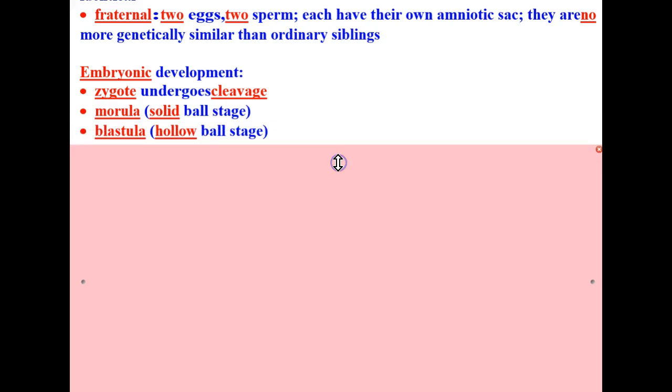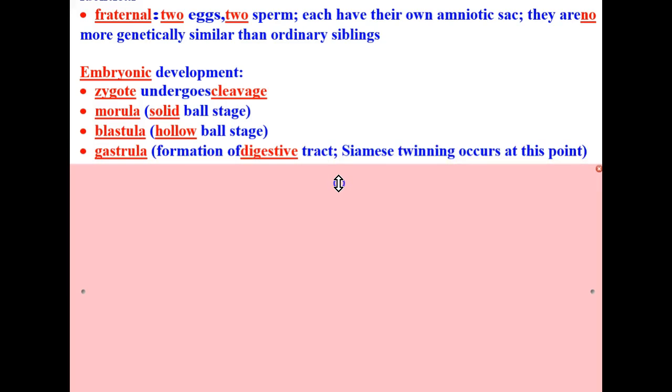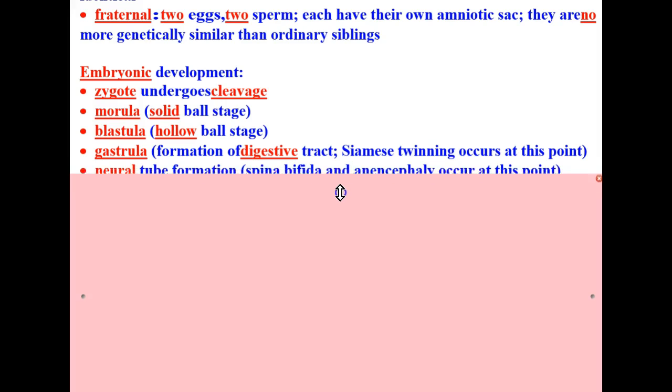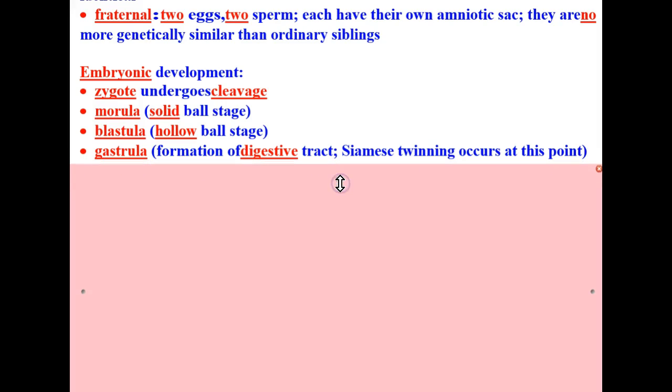The morula becomes a blastula, which is the hollow ball stage. This forms a gastrula, which forms the digestive tract, and Siamese twinning could occur at this point, and this of course would be a disorder.